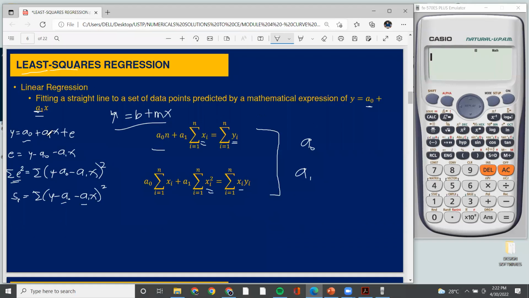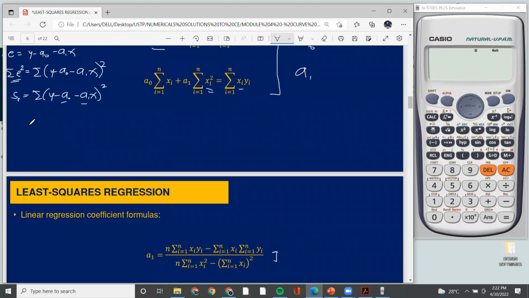So, kuha na to ang partial derivative with respect to the coefficients. So first, you have the partial derivative of the residual error with respect to the first coefficient, the a sub 0.